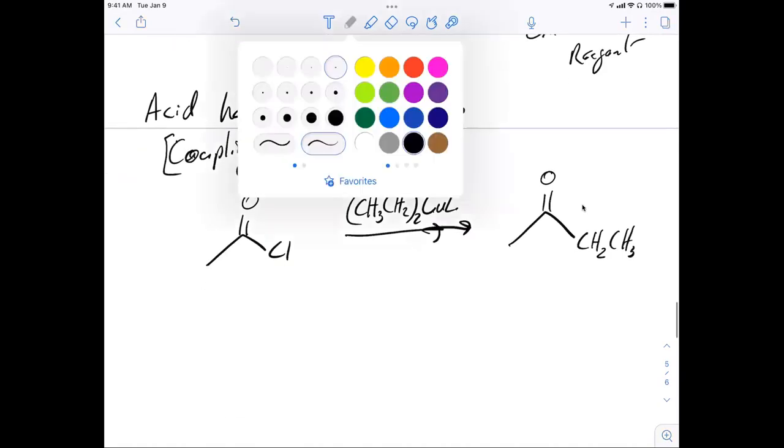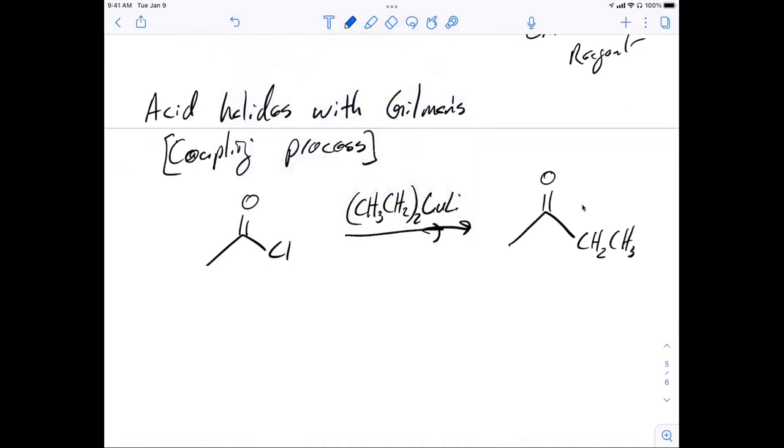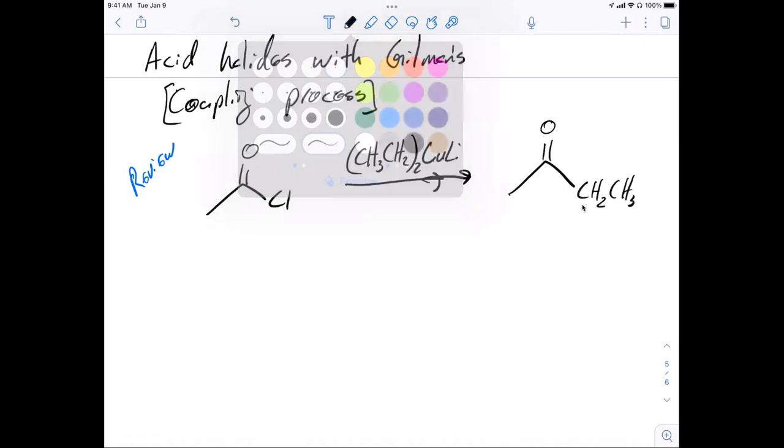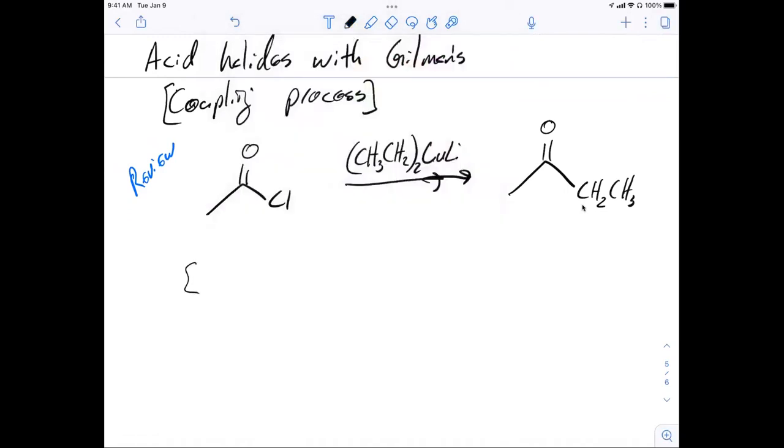Right, and again, we've seen this before. This was in our acid chloride or acid derivative chapter. The next reaction is an alpha beta unsaturated.